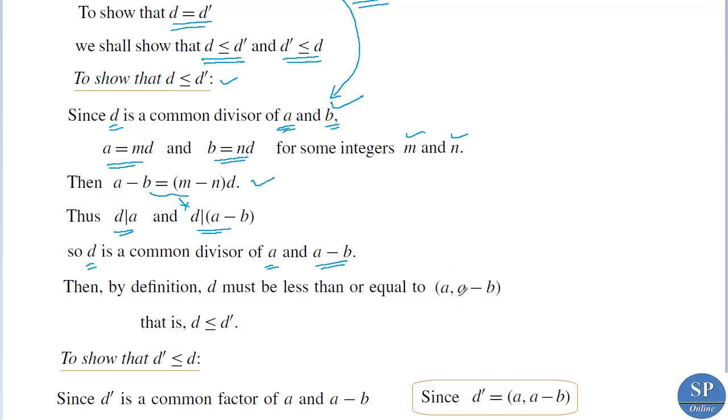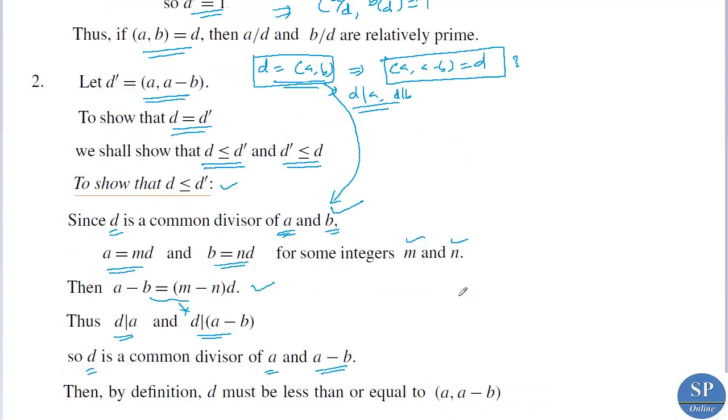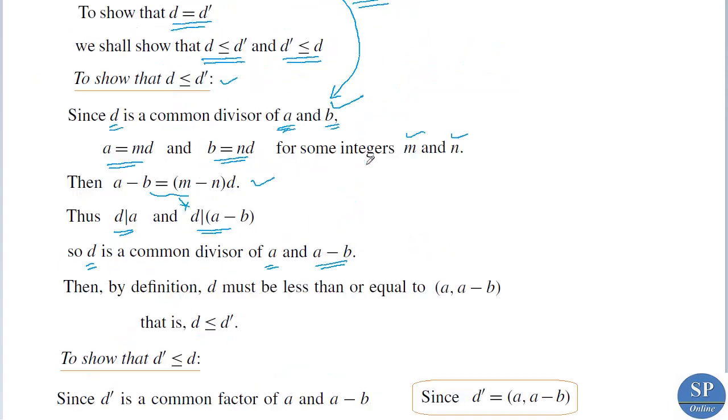Therefore, we already suppose that D dash is the GCD of A comma A minus B. Therefore, by the definition of GCD, we have D should be less than or equal to D dash, because we obtained here that D is a common divisor of both A and A minus B, and we already suppose that D dash is equal to GCD of A comma A minus B. So by the definition of this GCD, D dash is a factor of A and factor of A minus B. And also, if there is another common factor for A and A minus B, then it should be less than or equal to D dash.